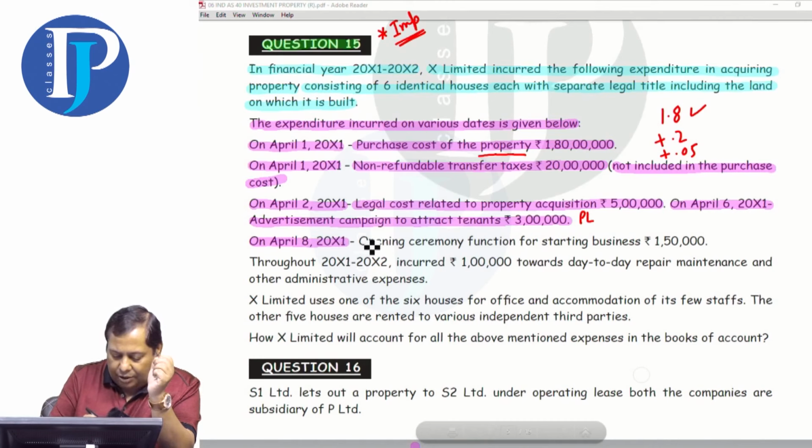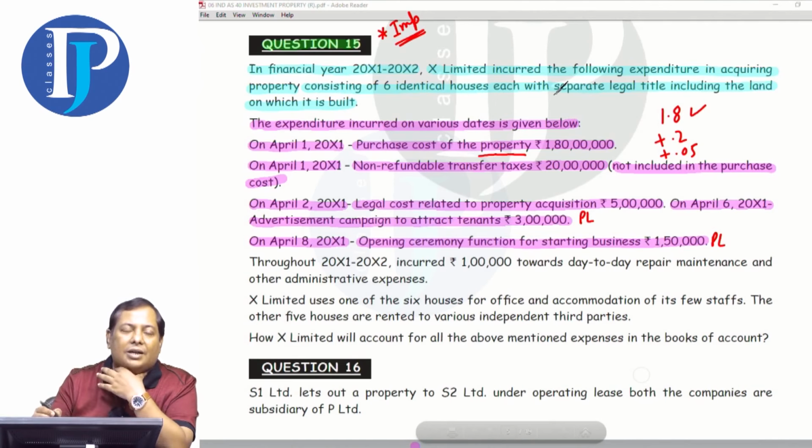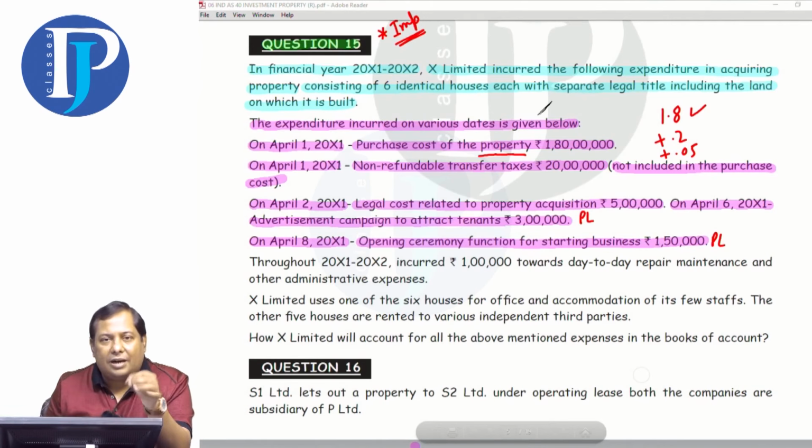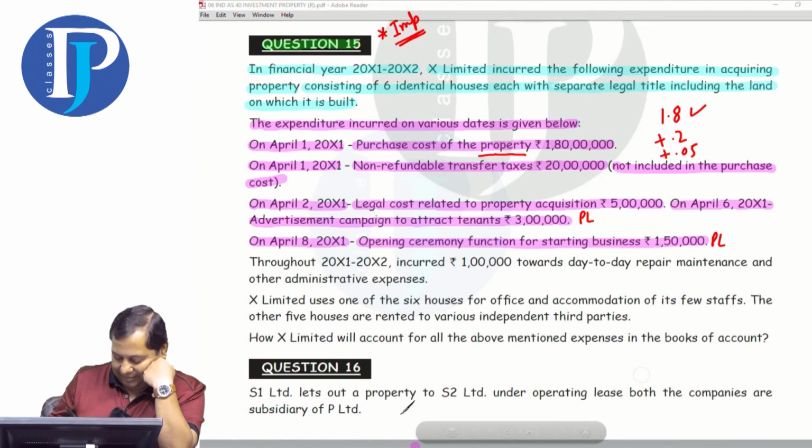They organized an opening ceremony on the 8th of April, saying that we are starting the business. The cost of the ceremony will also go to the P&L. These 6 villas that they have built will be available for rent. This advertisement and this ceremony are for that. Throughout X1, X2, okay students, look.